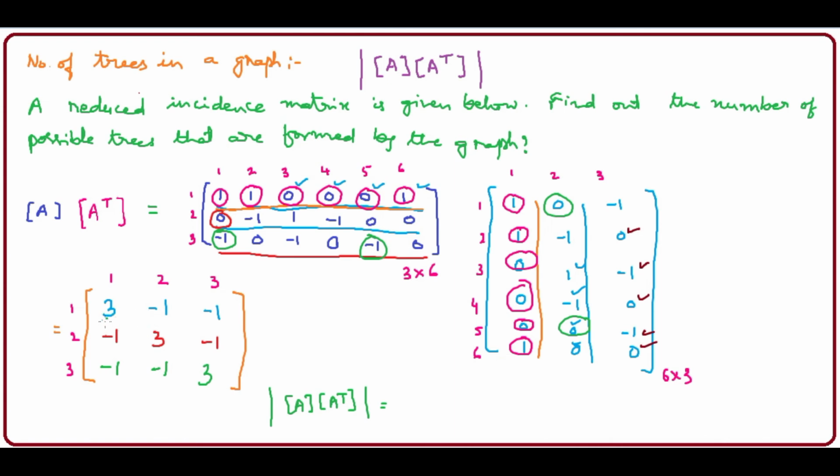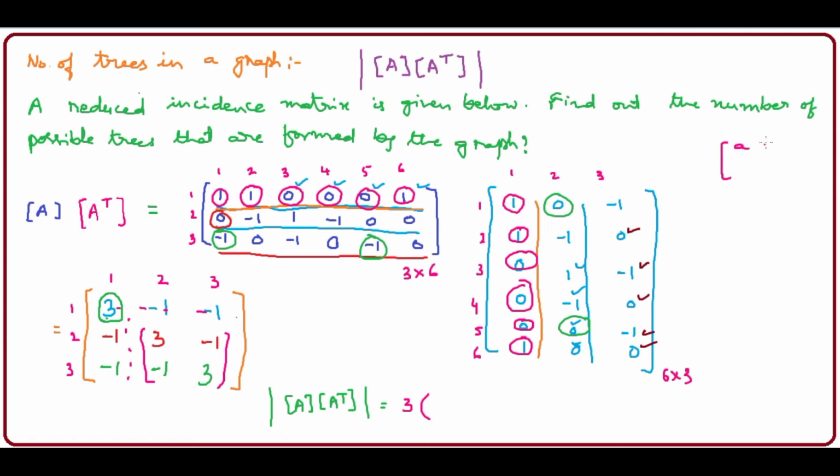So 3 into, so please try to identify how to find the det. 3 into, let me take one more color. So 3 into, so just leave this row and this column, and now find the det of this. So how to find that? AD minus BC. That is the formula for that.